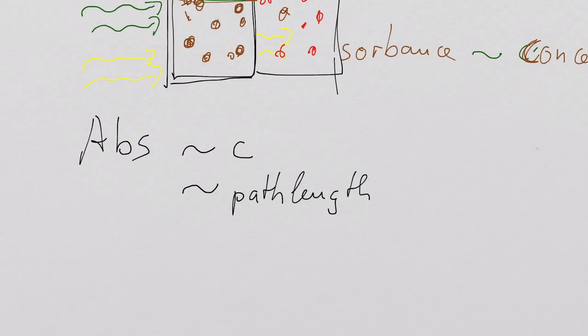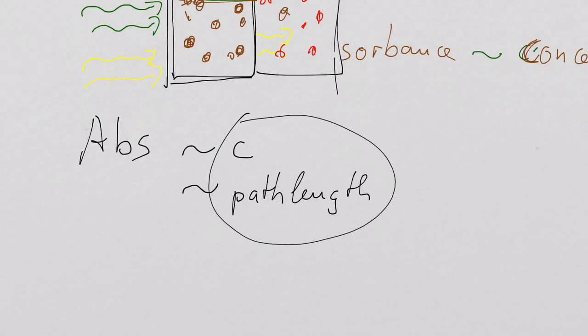The higher the concentration, the more of the light is absorbed. Now, if we've got two things that determine something like the absorbance, we can write it as absorbance is directly proportional to the concentration times the path length. Very often, path length is abbreviated as D, distance. So absorbance depends on concentration and the path length.